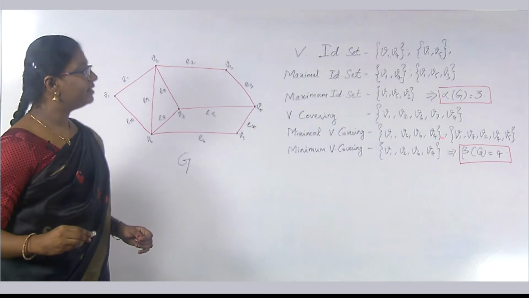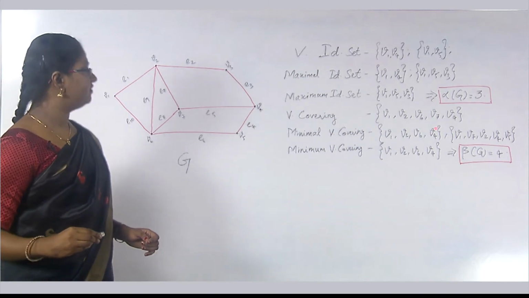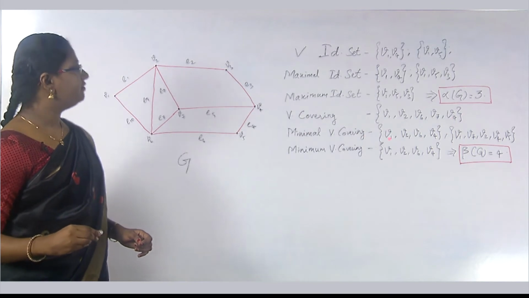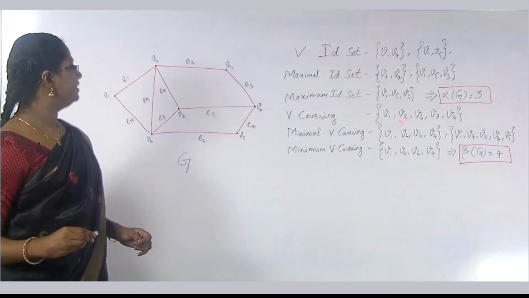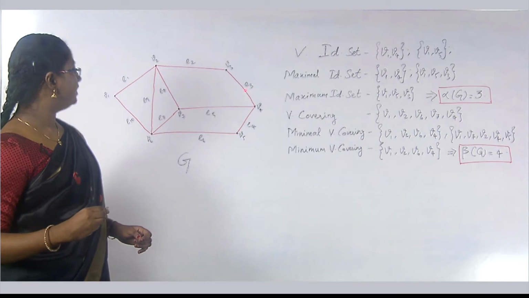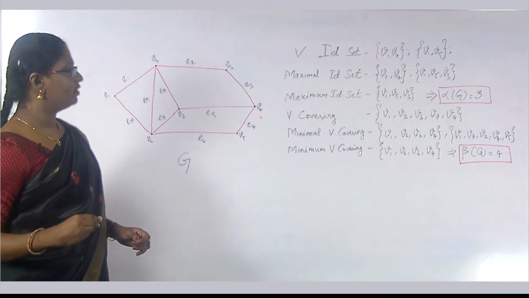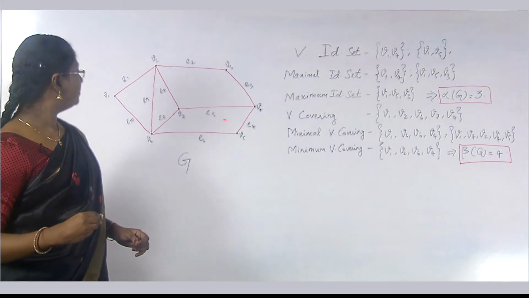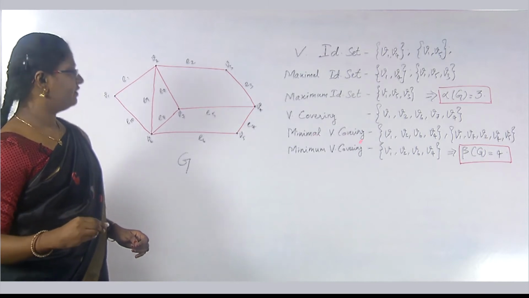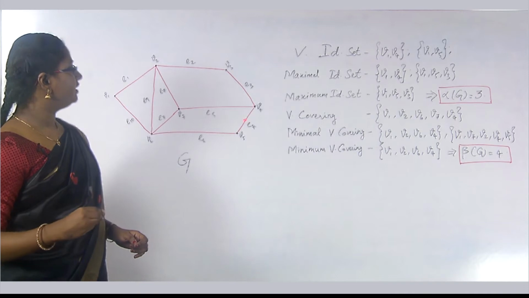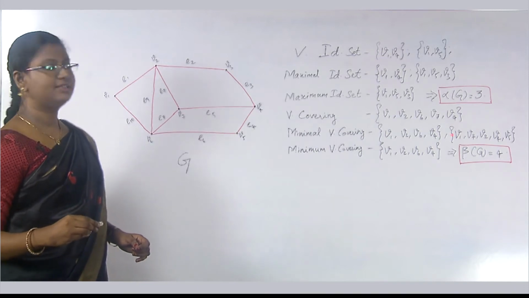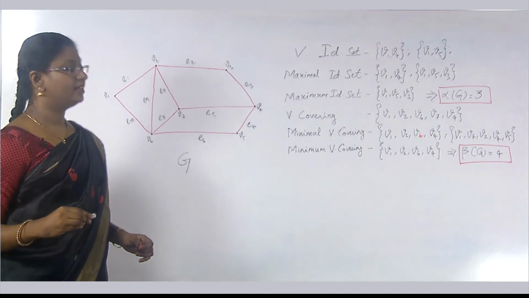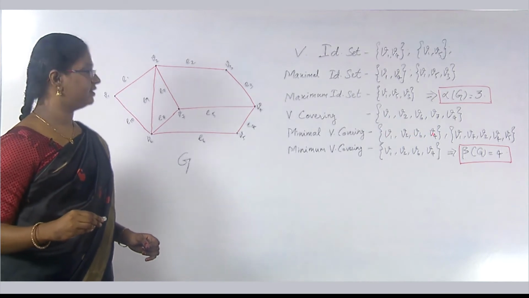So, what will happen if I remove the vertex V4? If I remove the vertex V4 from this set, I will be left with V1, V2, V6 that won't cover E3 and E4. E5 will be covered by V6, but E3 and E4 won't be covered in this set V1, V2, V6, and that is true for V1, V2, V6 also.